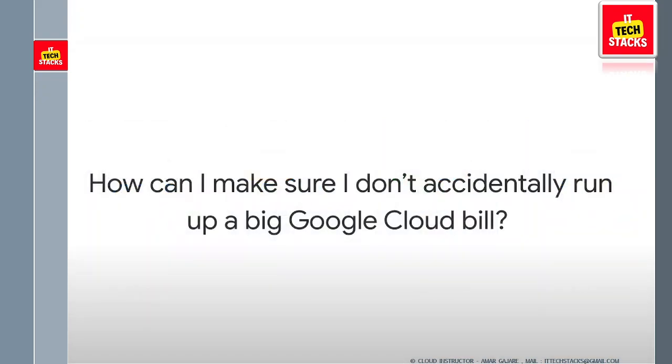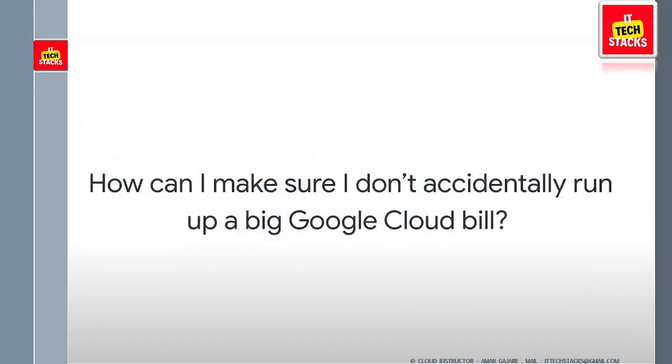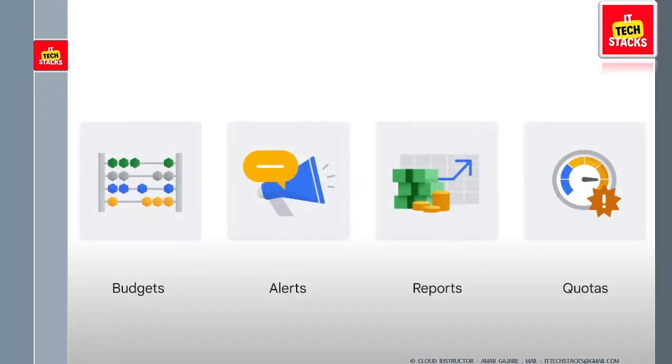So you need not worry about accidentally running out of budget. To mitigate that, you can set up a budget in the Google environment, or you can set up an alert mechanism if your usage occurs.